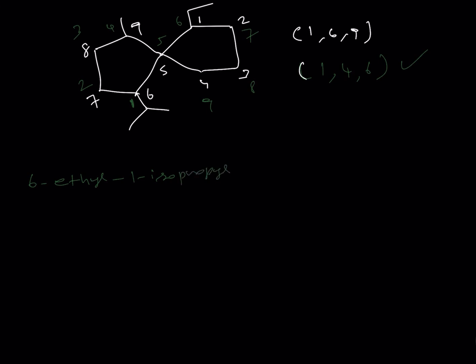Remember the iso is counted for the alphabetical order. If it is secondary butyl, then only butyl is counted, not the sec. But for isopropyl, the iso is counted for the alphabetical order. Therefore, this is correct. Don't think that methyl should come first and isopropyl should come next. No, that's not correct.